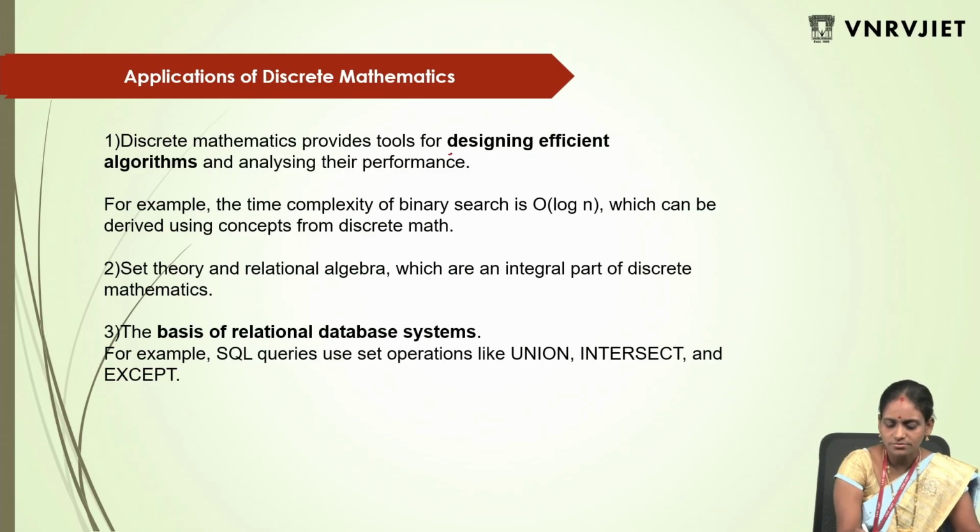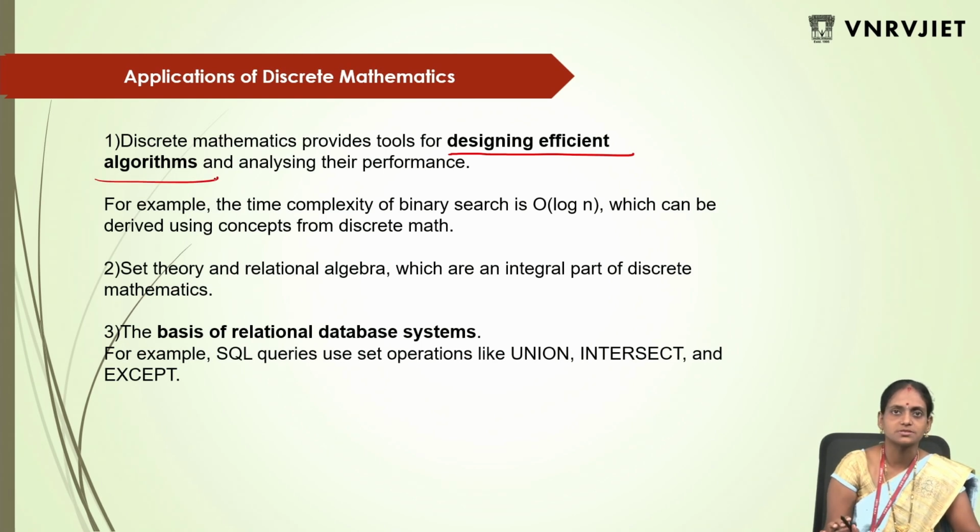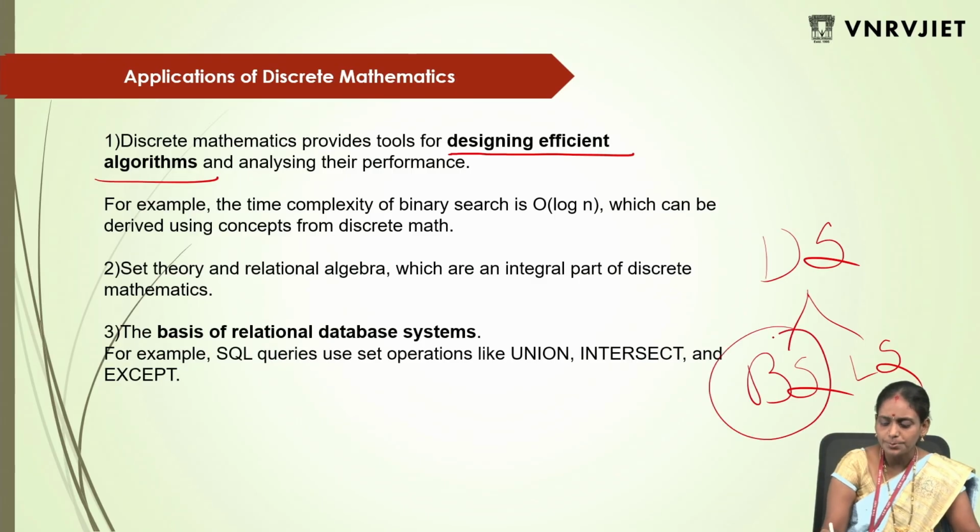In the first we are going to use designing efficient algorithms. What do you mean by this? If we consider the data structures subject, how are we going to use discrete mathematics? If you consider binary search, linear search, whatever it may be, here we are going to compute some time complexity.